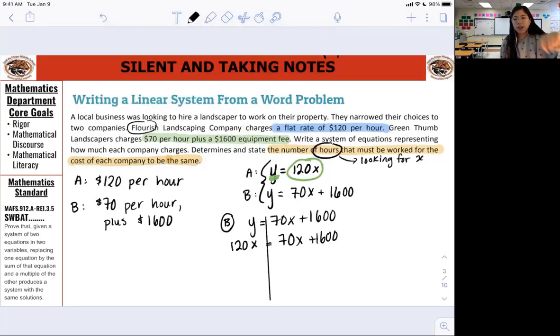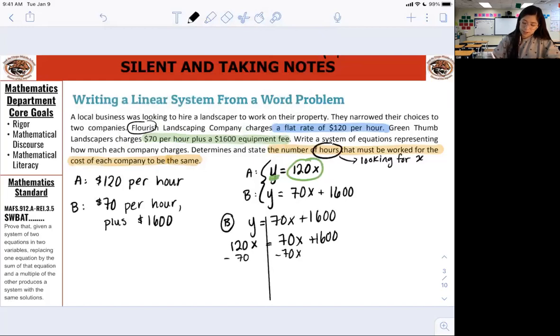Well, if I'm solving for x, what should I do first? We move the 70x to the left. Beautiful, yes, we want to move that 70x. How do I do that? Should I add it or should I subtract it? Subtract it. Exactly.